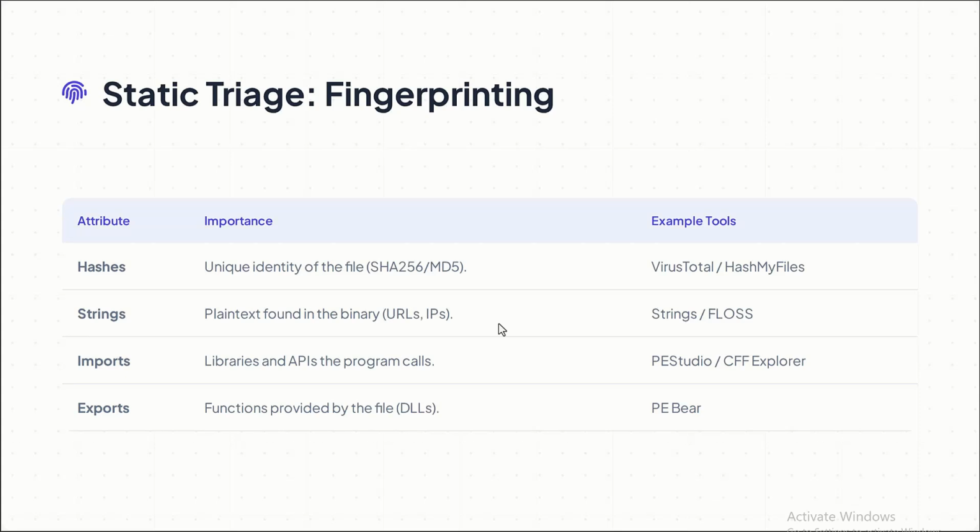The importance of hashes is that they uniquely identify the file, because each file has its own unique ID. It's called a hash, and we have many types of hashes, like MD5, SHA-256, SHA-1.